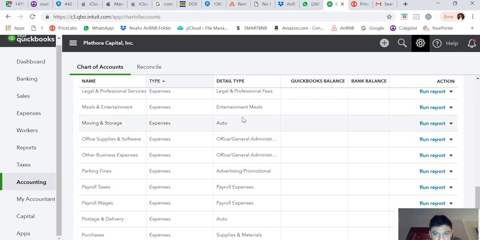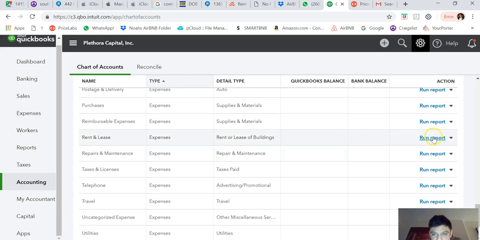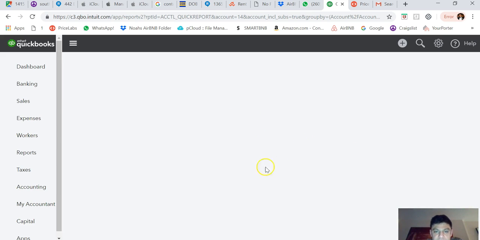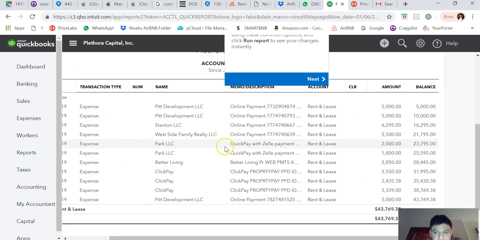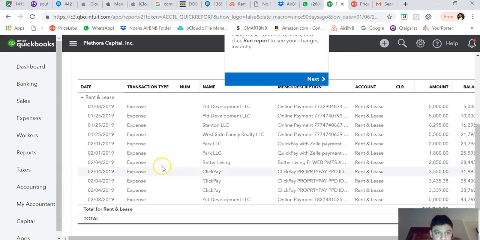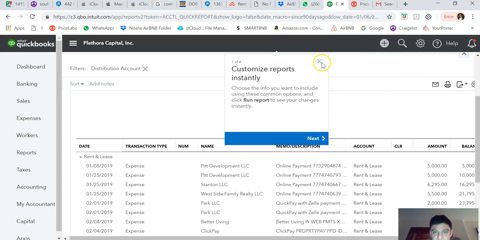You run a report and you can see all the different expenses in that specific account. You can look at all the different transactions. These are all the rent payments. See the date for this year so far. This is getting pulled from the bank account. So there you go.